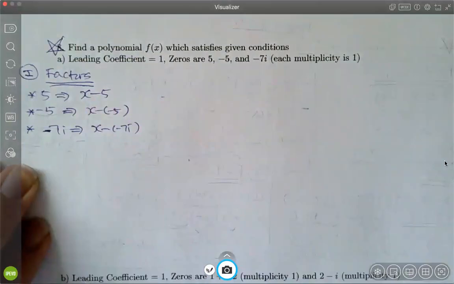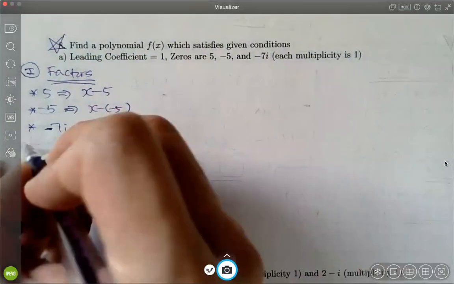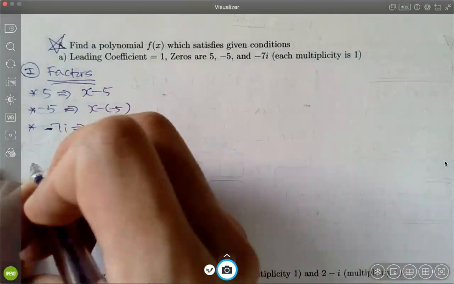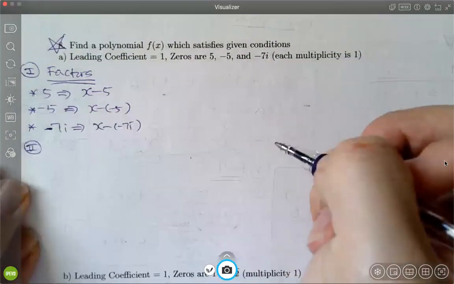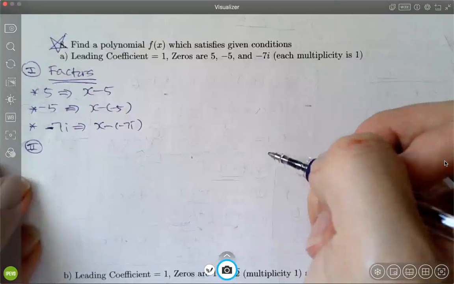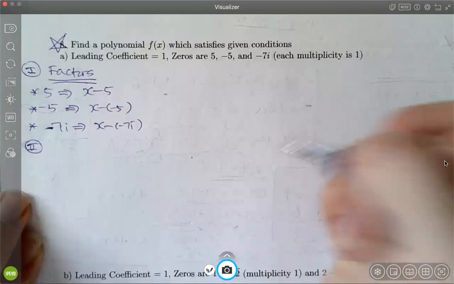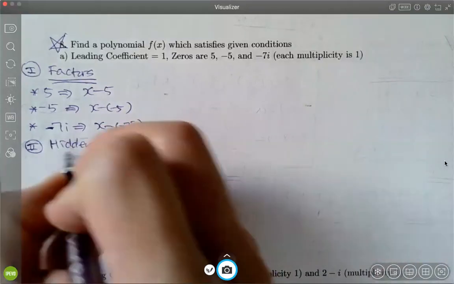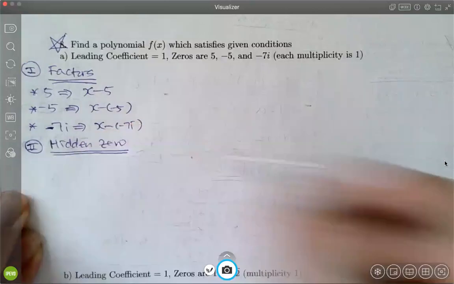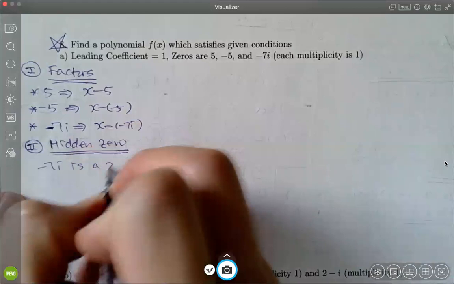Okay? Now, are we done? And the answer is no, because is there any hidden 0? And what is the hidden 0? So let's find the hidden 0 here. So -7i is a 0.